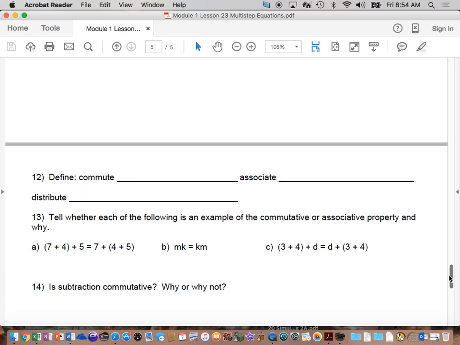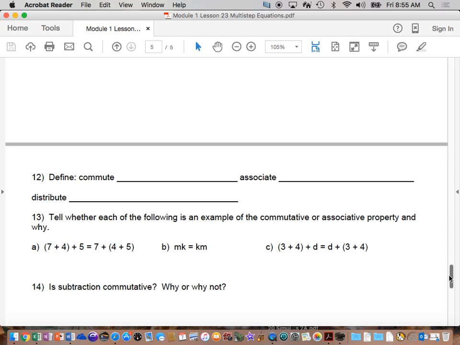Everybody? Associative, right? Commutative means switching order. Now, take a look at the next one, letter B. What would that be an example of? It would be an example of the commutative property. Yes, and I forgot to say, the first one is the associative property of addition. This is the commutative property of multiplication, because again, the order is being switched.